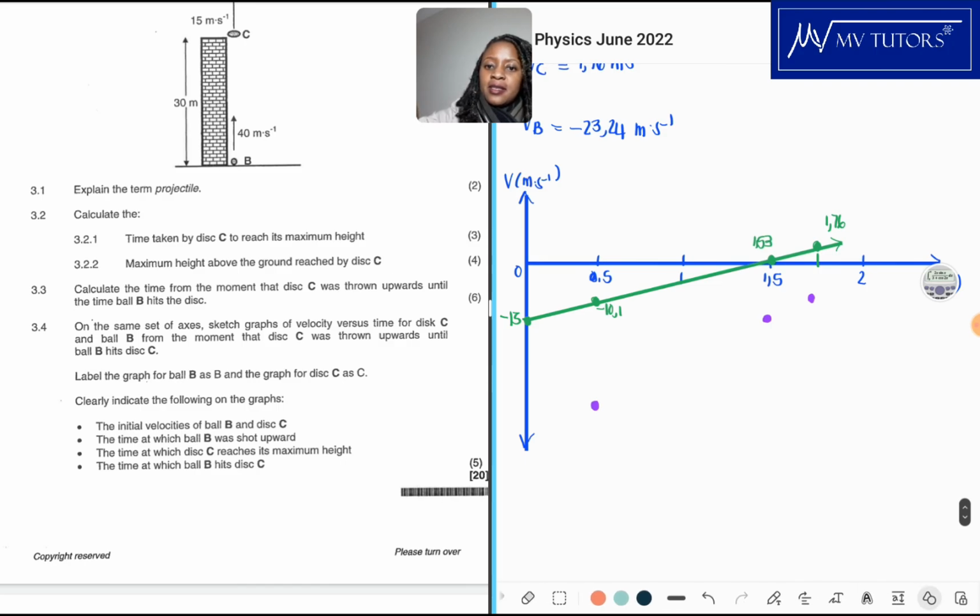And let's draw somewhat of a straight line there. Maybe we can expand it a bit, extend it.